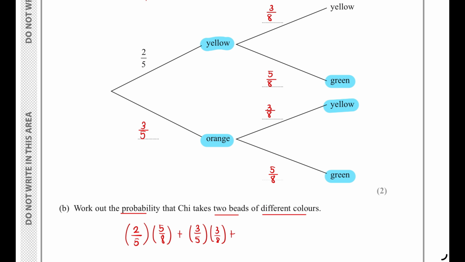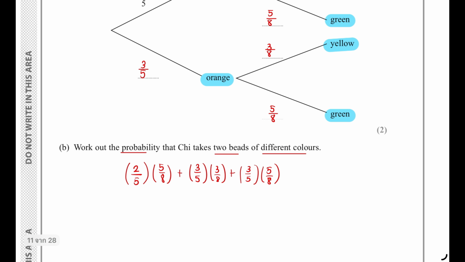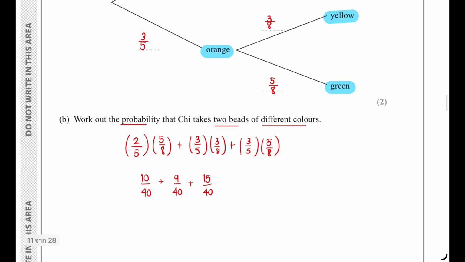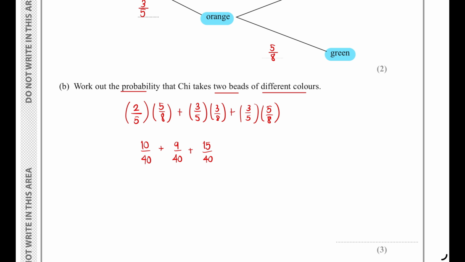So it will be 3 over 5 times 5 over 8. So it is equal to 2 over 8 plus, let me make it into the 40, so it will be 10 over 40 plus 9 over 40 plus 15 over 40, so it is equal to 34 over 40, and if we make it into the simplest form, it is equal to 17 over 20.